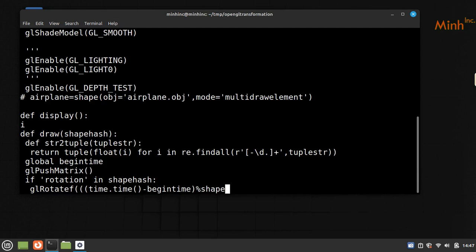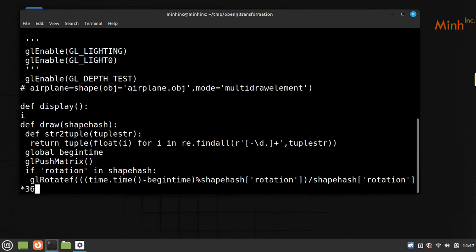over shape hash rotation, shape hash rotation into 360. Okay.